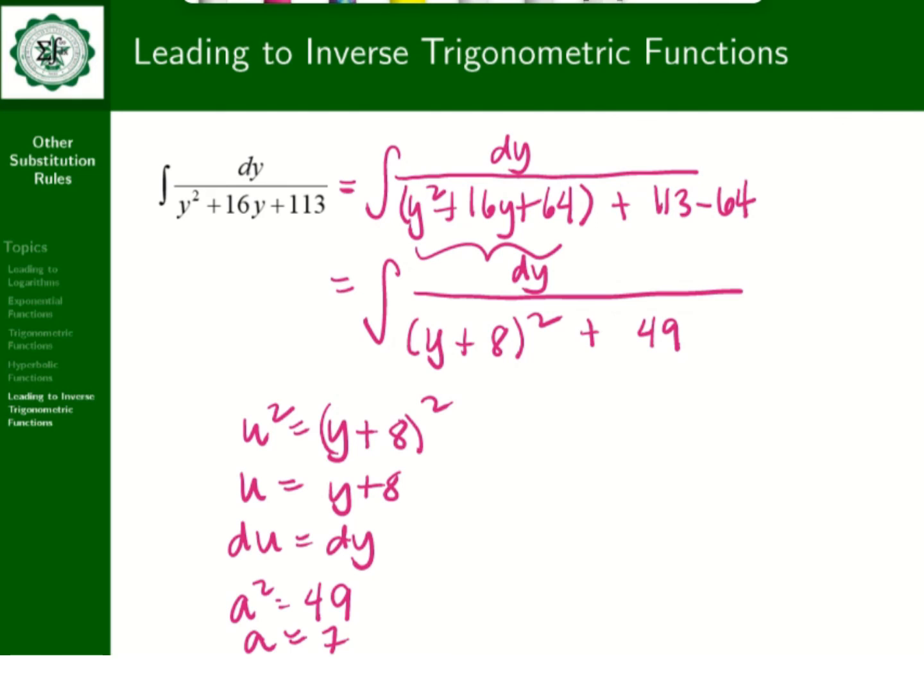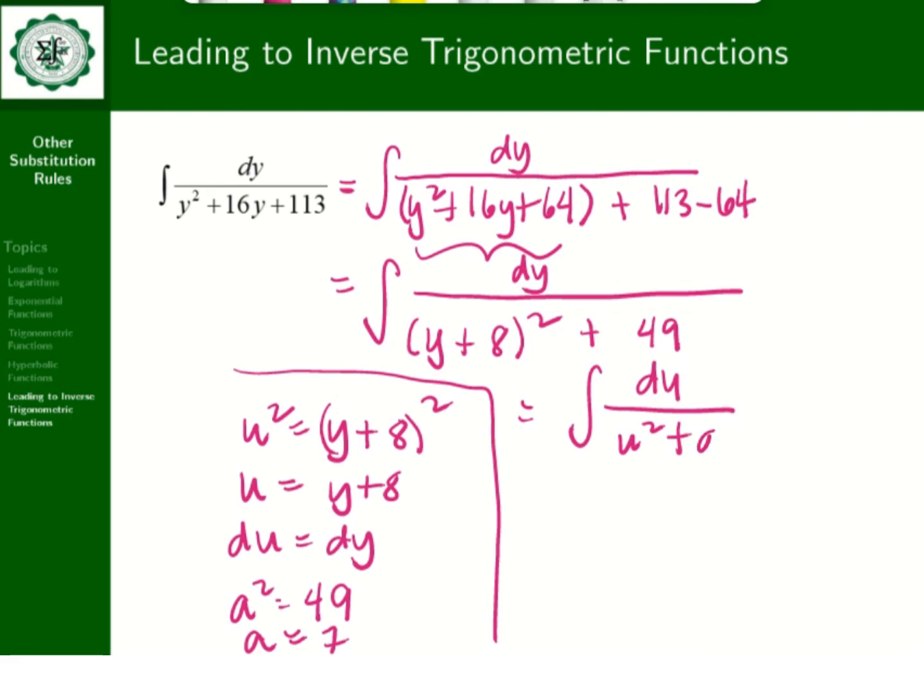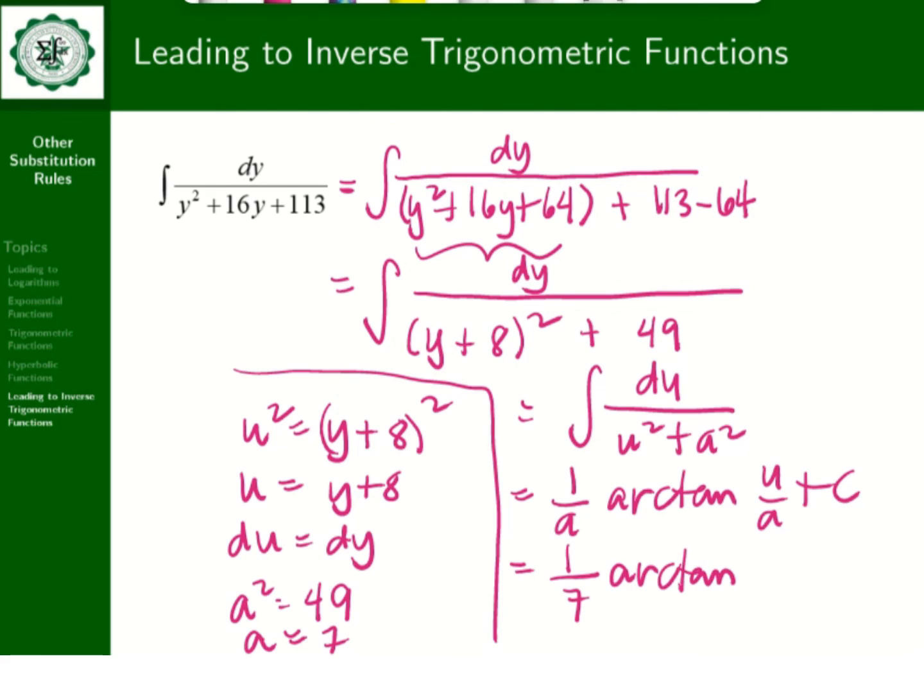If we perform the substitution, our given will become the integral of du over u squared plus a squared, and the formula for this one is arctangent. So we have 1 over a arctangent of u over a plus c. So a is 7. So we have 1/7 arctangent of u, or the value for u is y plus 8 over 7 plus c.